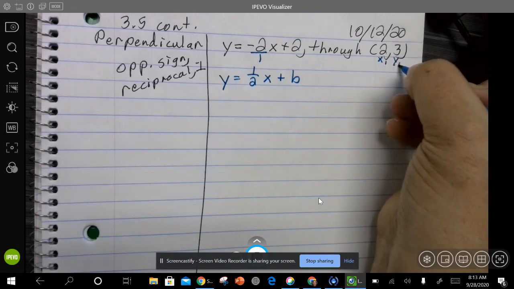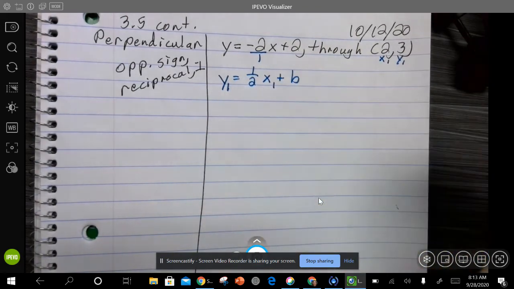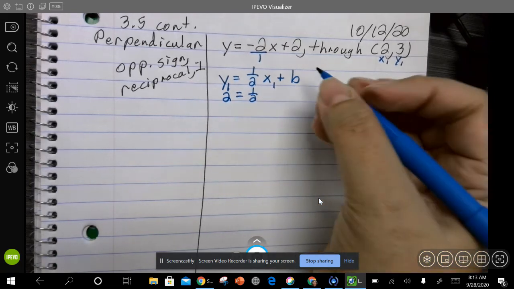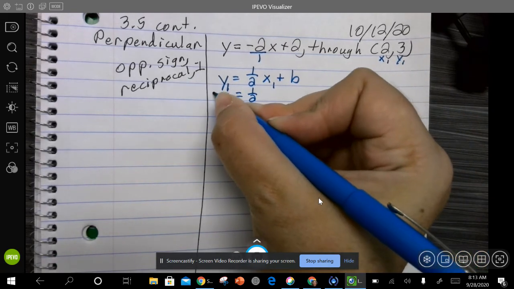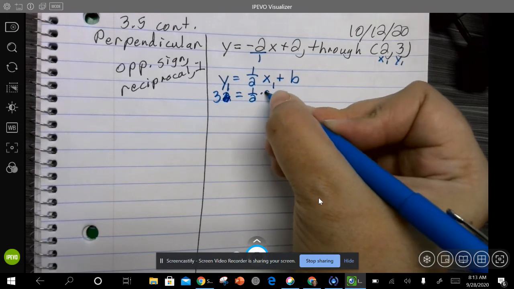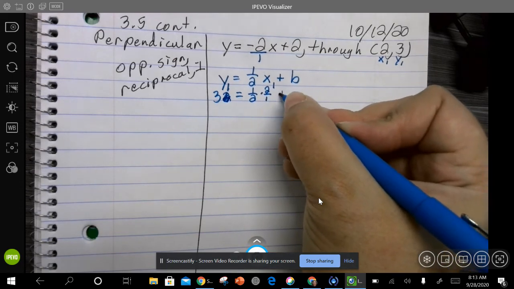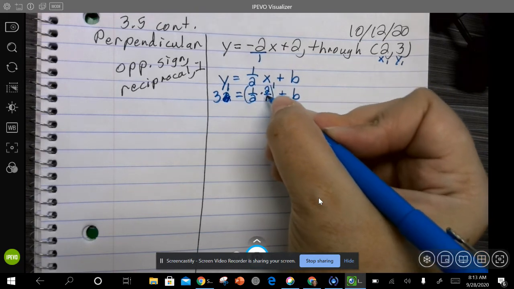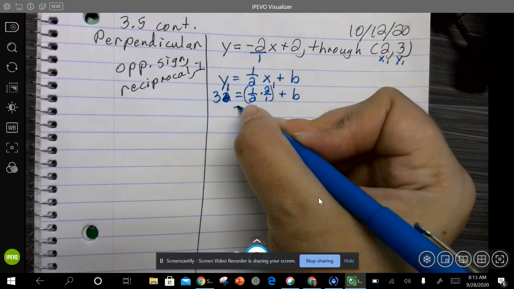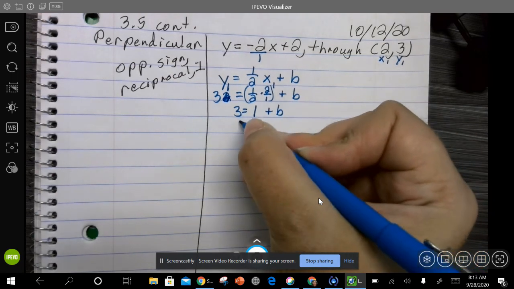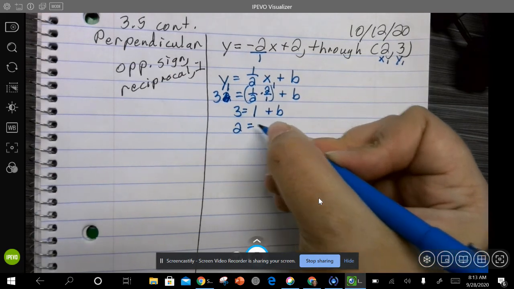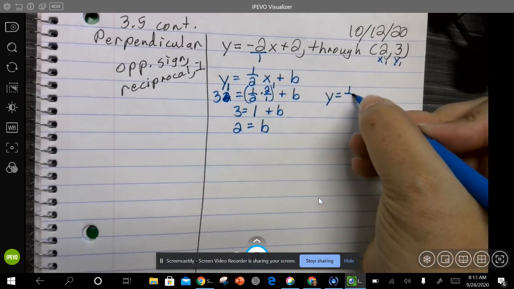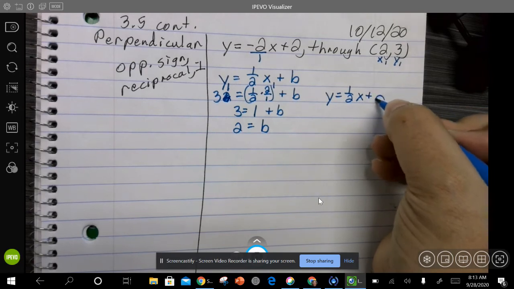I'm going to substitute in 2 for x, not 2, 3. I'm going to put 2 over 1, whole numbers over 1. 1/2 times 2 is 1. 3 minus 1 is going to be 2. So now we have y is equal to 1/2 x plus 2.